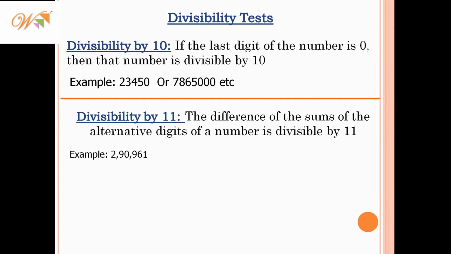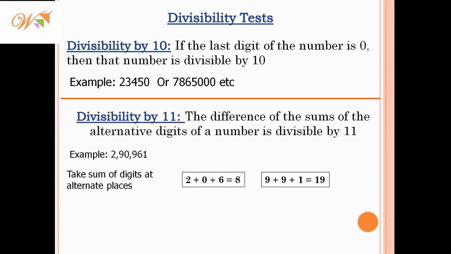Let's say we have a number 290961. So, the sum of alternate digits. First, we will add 2 plus 0 plus 6. So, first digit, third digit, fifth digit, and second digit, fourth digit and sixth digit.